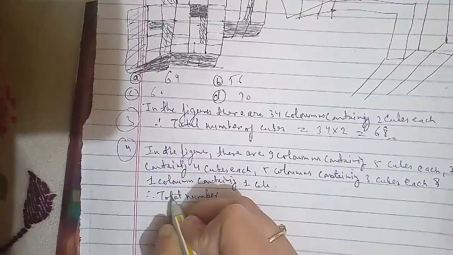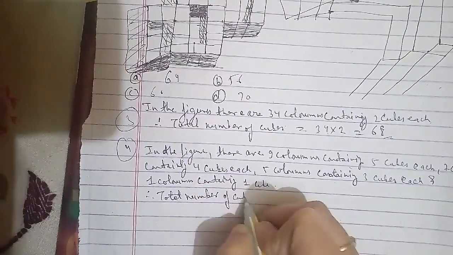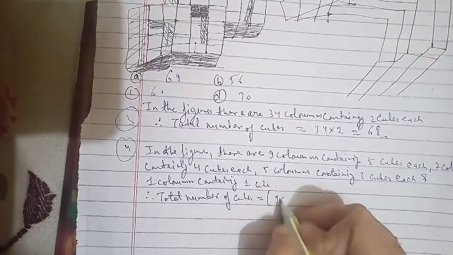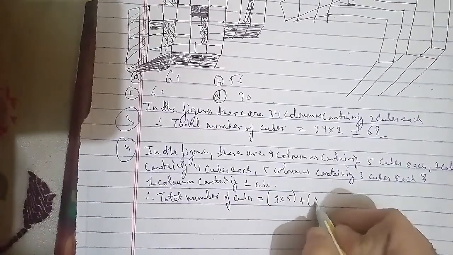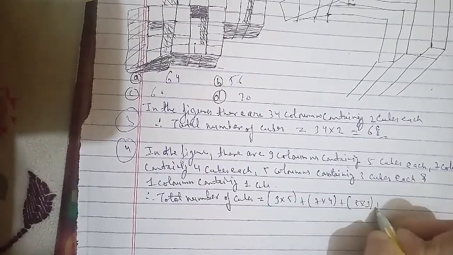So we'll add it on. 45 plus 15 is 60, 60 plus 28 is 88, and plus 1 is 89. So 89 will be the right answer for this question.